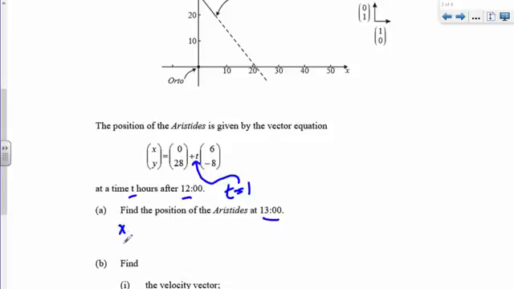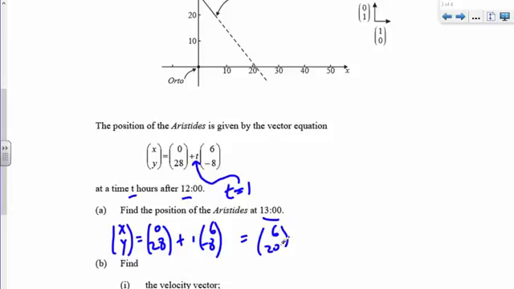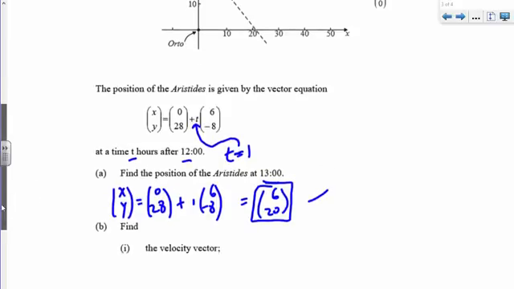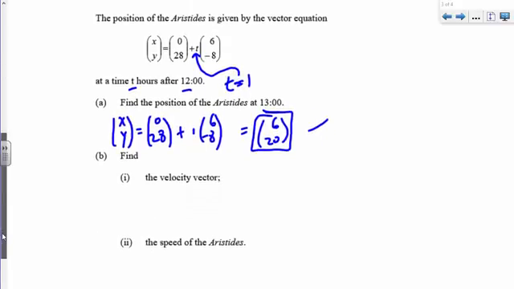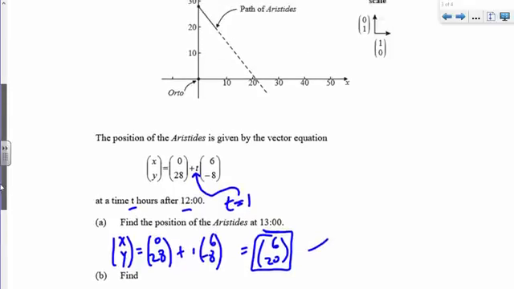We're going to say xy, the position, is going to be given by 0, 28, plus 1 times 6 and negative 8, which is basically 0 plus 6, which is 6, and 28 minus 8, which is 20. So the answer for this question is 6 and 20. So it's 6 kilometers due east, 20 kilometers north, right? Together makes that vector.